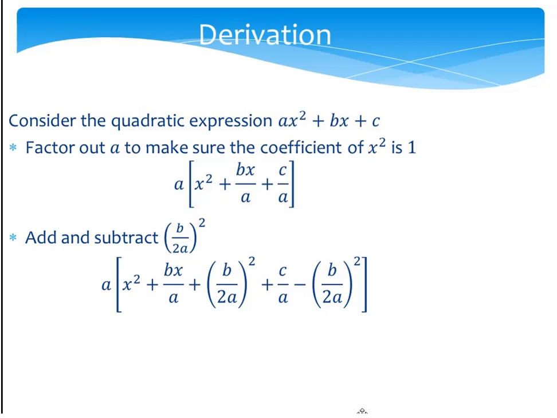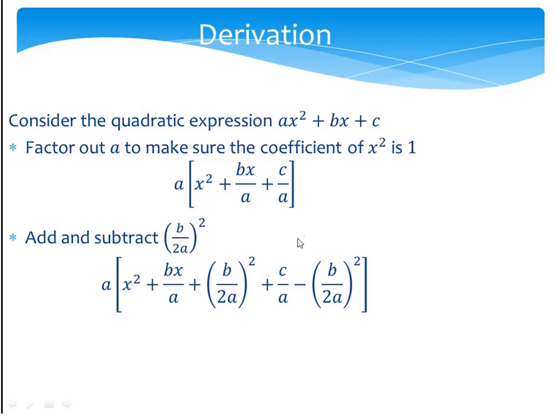So let's consider our quadratic expression ax squared plus bx plus c. The first thing that we're going to do is to factor out a, so that we make sure the coefficient of x squared is 1. So if we factor out a, we have this expression here within the bracket, x squared plus bx over a plus c over a.